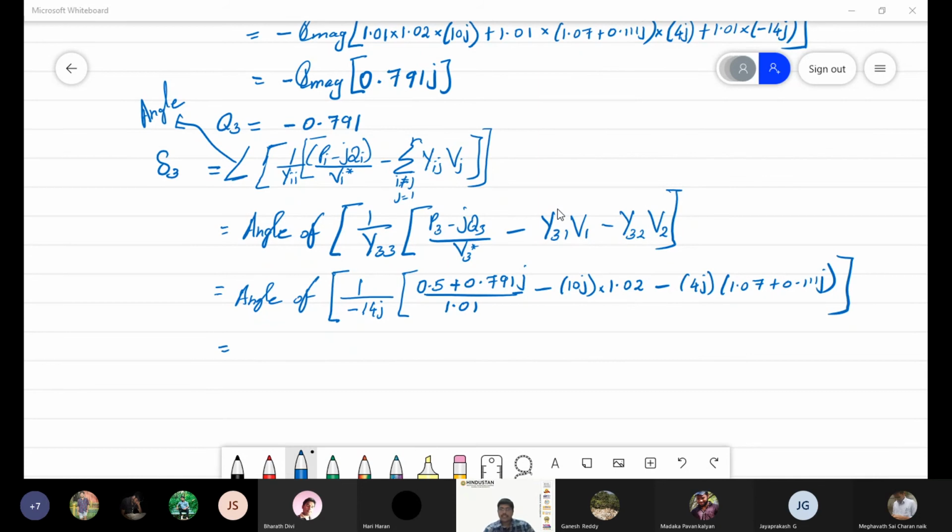So listen, you will get the answer like this. If you put the values inside the brackets, you will get angle of 0.9179, that means 0.918.